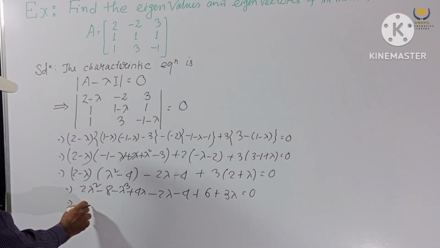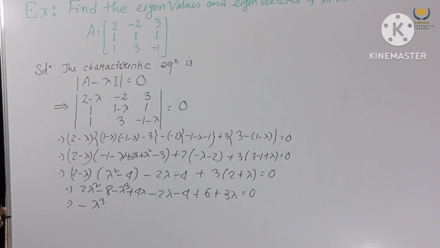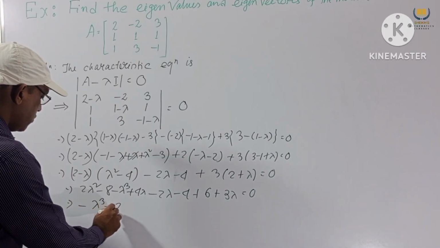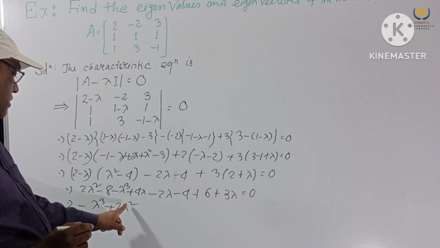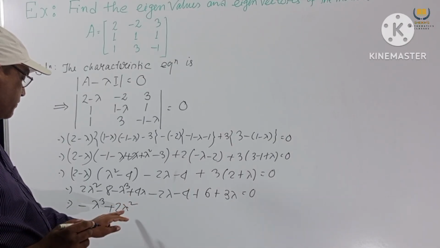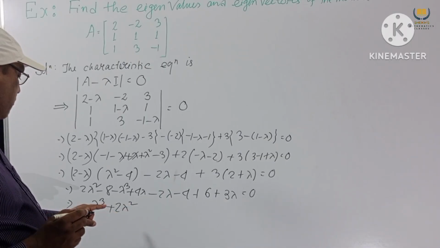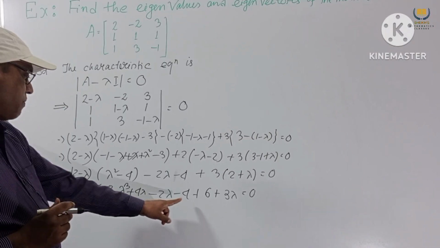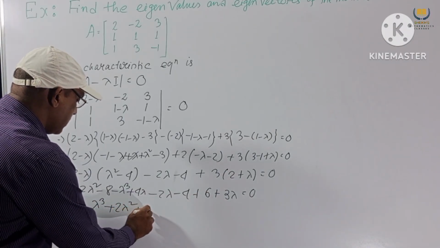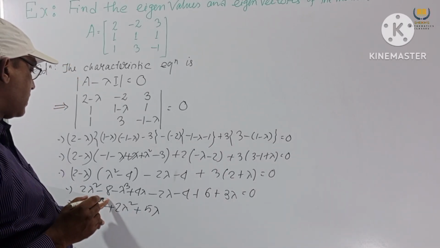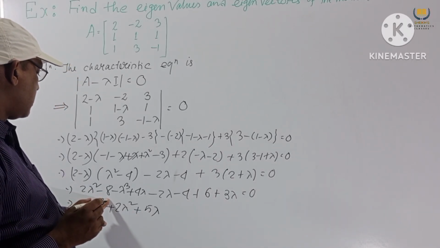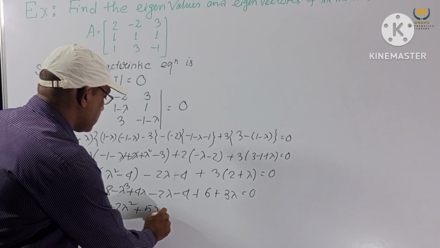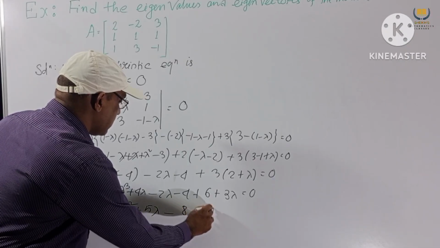So this implies minus lambda cube, and lambda square, we get 2 lambda square, and net 4 lambda minus 2 lambda plus 3 lambda, then we get 5 lambda, and minus 8, minus 4 plus 6, 8 lambda equal to 0.